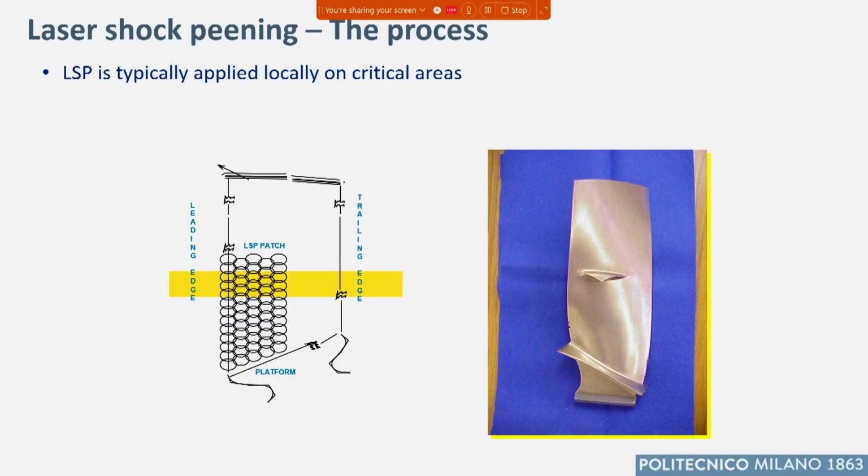It is applied point by point. We can define a path, and we must be sure that the path causes some overlap, in such a way as to avoid that some part of the critical area is not treated.